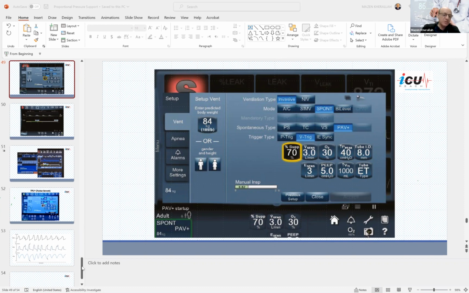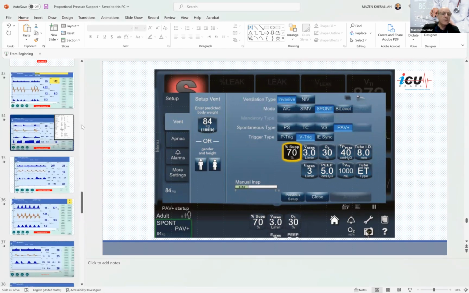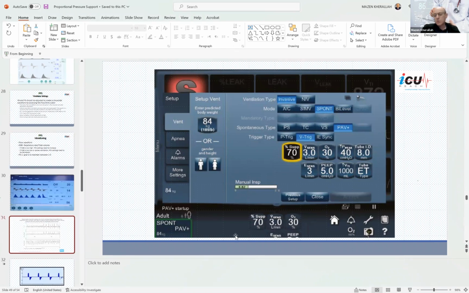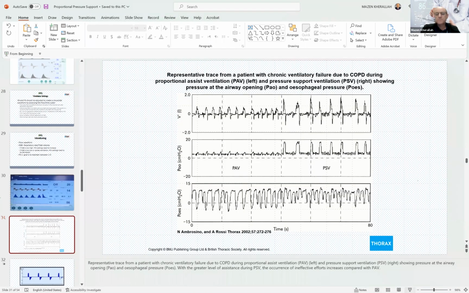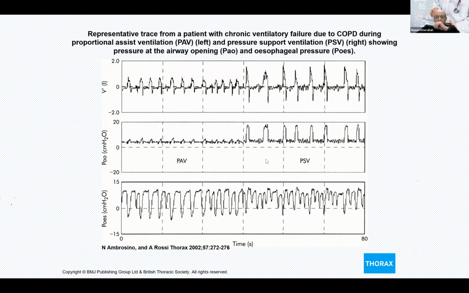However, let me just show you something. There's a slide that I did not want to show, this one. When you build an auto PEEP, it makes it more difficult for the patient to generate a flow. So in other words, you may not be able to respond to the patient's efforts.